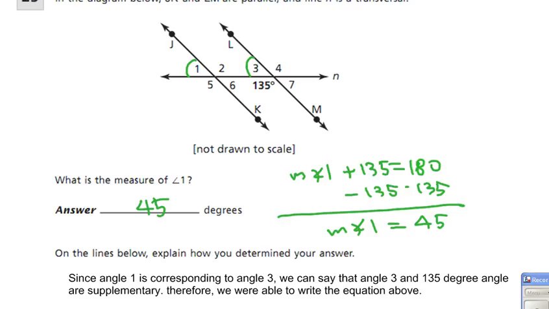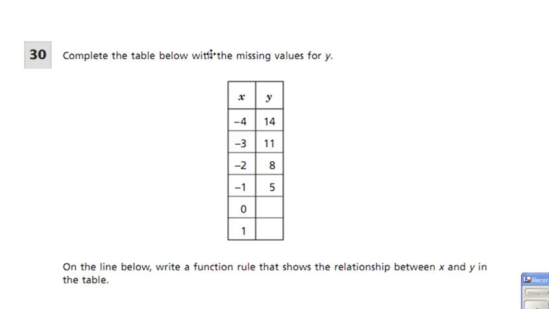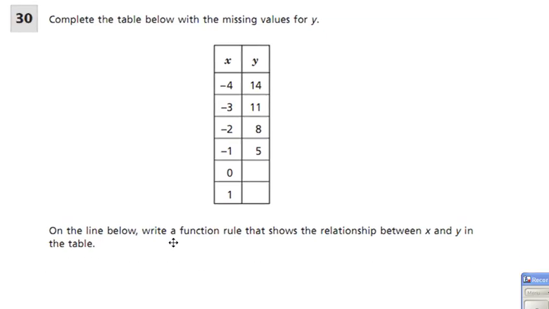Now, let us move on. Here we have, on the line above, write a function rule that shows a relationship between x and y. Now, here you can see that this one keeps on decreasing by 3, while this one is increasing by 1.